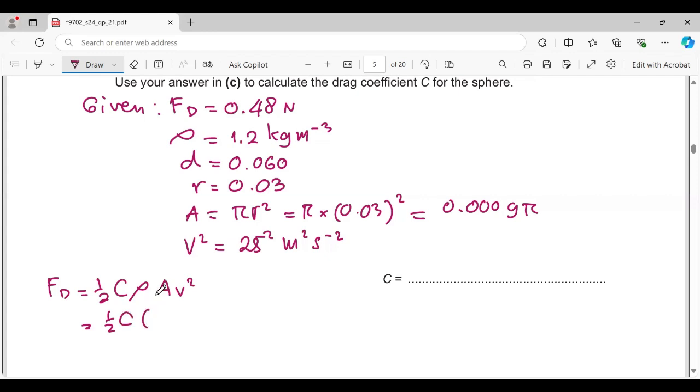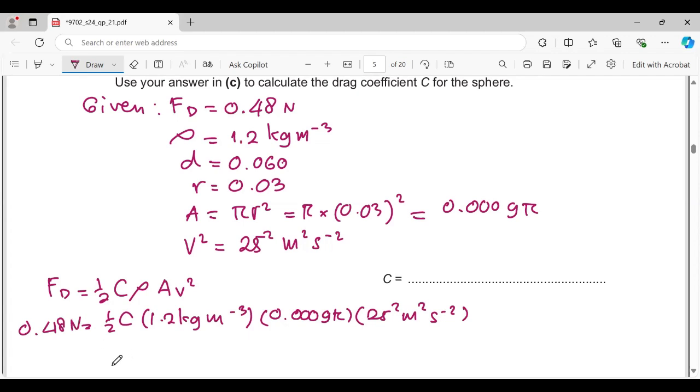Half C times 1.2 kilogram per meter cube times 0.0009 pi times 25 squared meter squared per second squared, and F_D is 0.48 Newton.